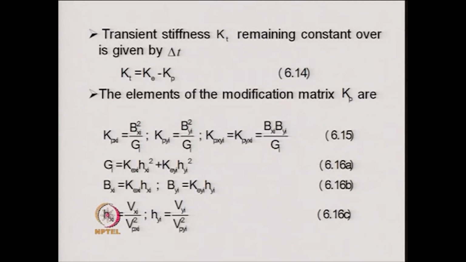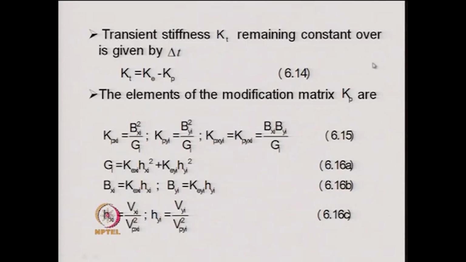The transient stiffness matrix Kt, which remains constant over the period delta t for which we are writing down the incremental equation of motion, is written as Ke minus Kp, where Kp is the modification factor. This modification factor comes into the picture because of the yielding of any element that can take place during the time marching scheme.